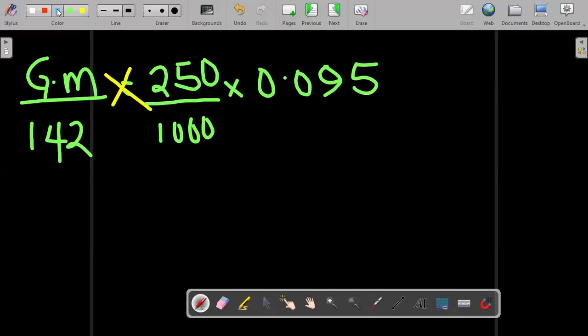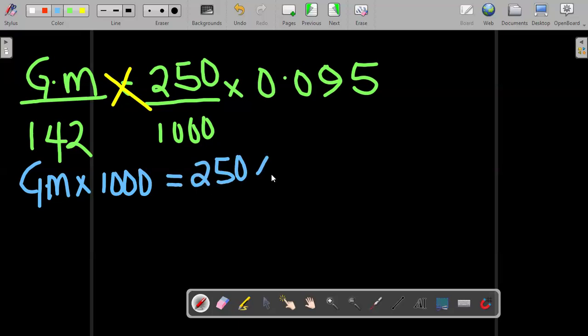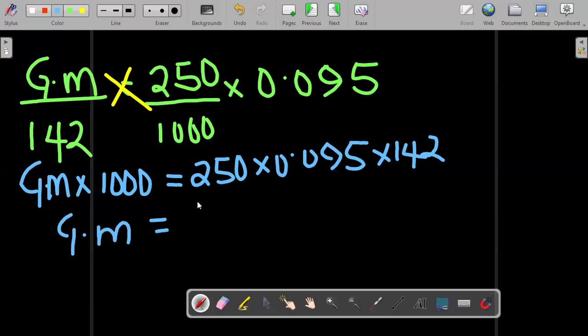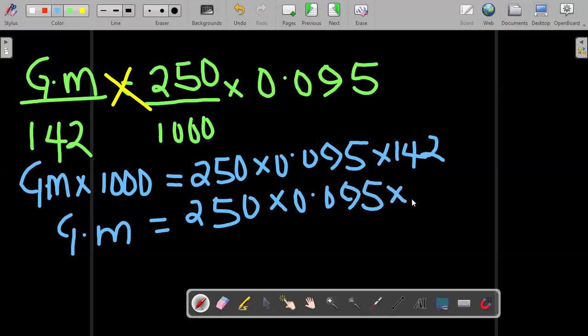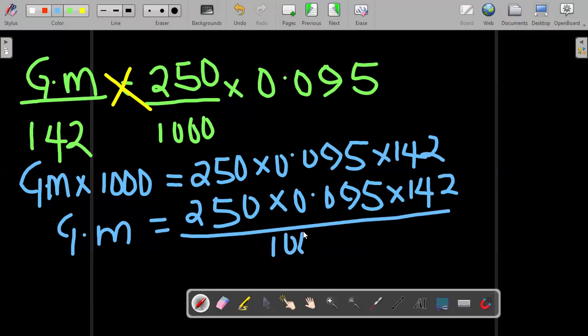So if I simplify further, I'm going to have given mass times 1000 is equal to 250 times 0.095 times 142. So my given mass will be 250 times 0.095 times 142 divided by 1000.